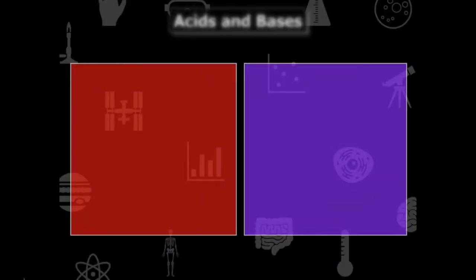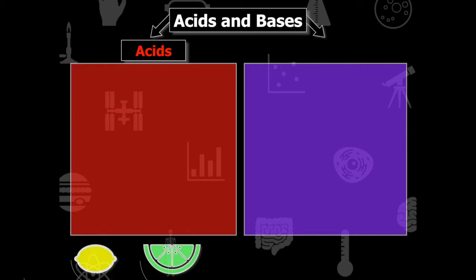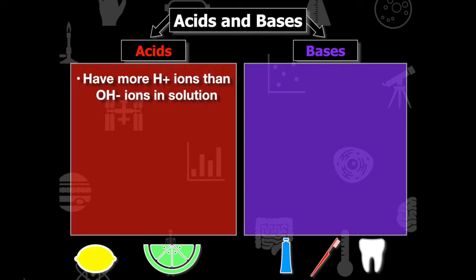So let's try to write down acids and bases and characteristics of both of these. An acid is going to be a little bit different than a base. In an acidic solution, we have more H plus ions than OH minus ions in the solution.